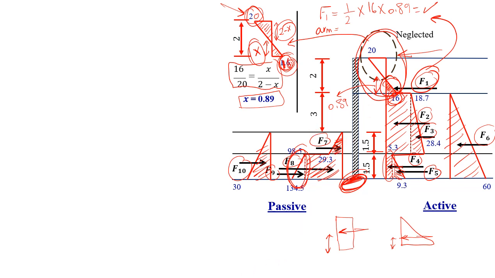So your arm will be 3 meter plus 3 meter plus 1/3 of your triangular height. Triangle height is 0.89. This is the arm of F1.